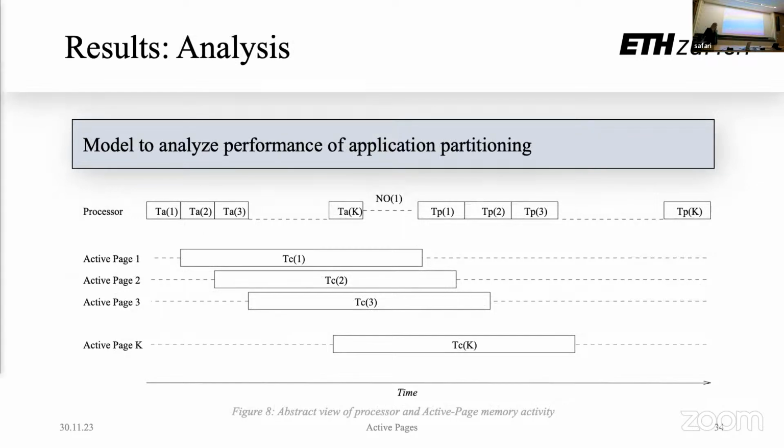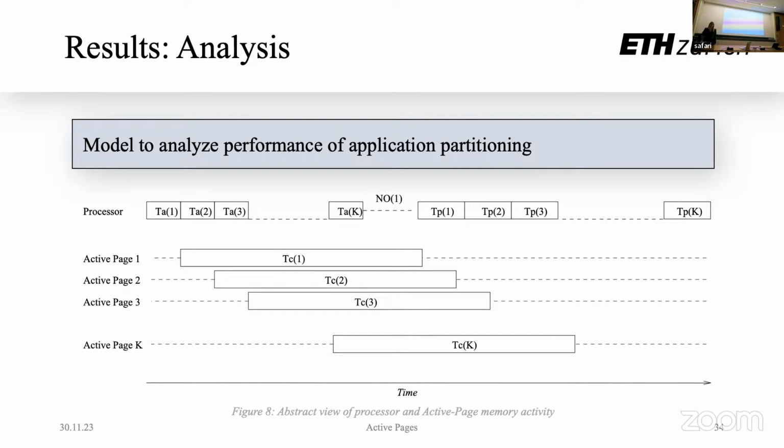The partitioning of an application is analyzed with an analytic model, which was proposed by the authors. This analytic model represents an abstract application and is used to derive formulas to predict the performance of partitioning.